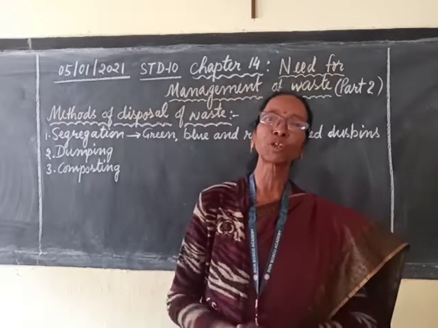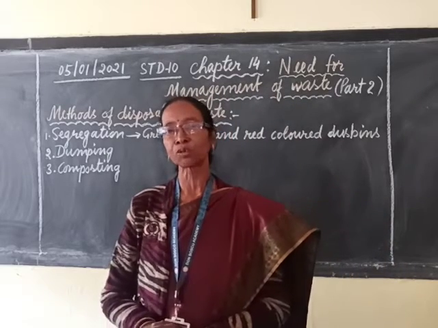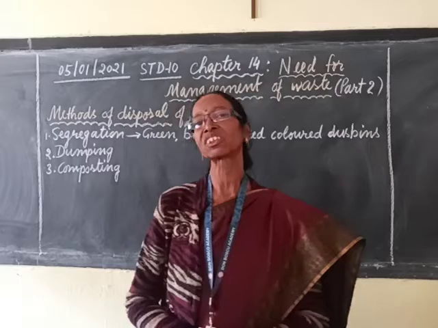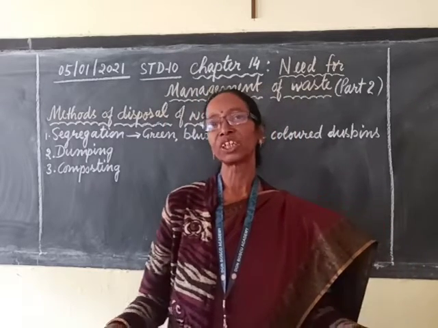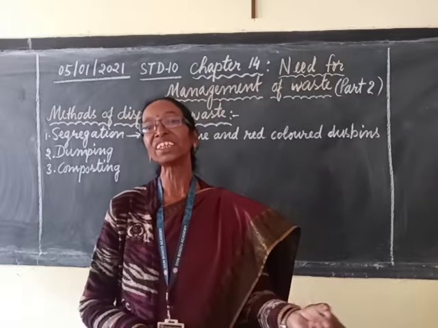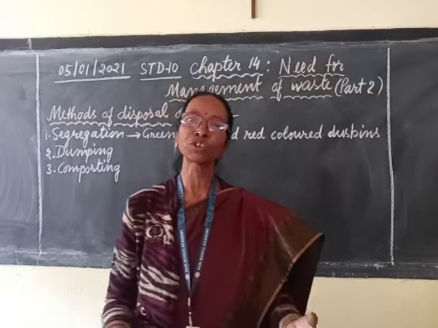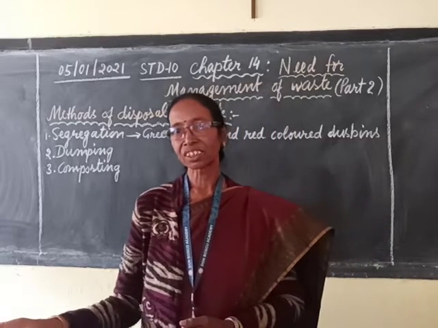These methods are very important to reduce waste on the surface of the earth. Otherwise our earth will be full of waste because non-biodegradable material like plastic scrap takes millions of years. So it is very difficult to maintain the environment neat and clean. It is our duty to reduce our waste materials.